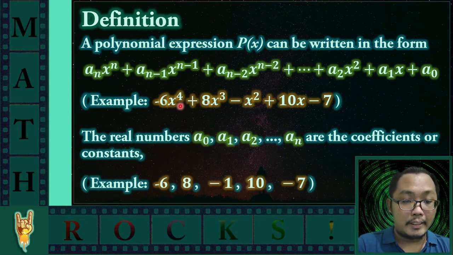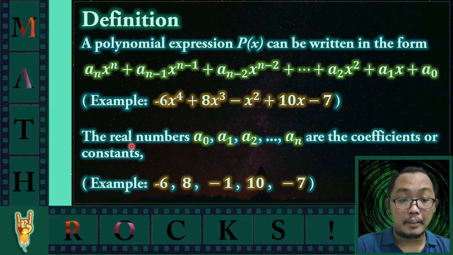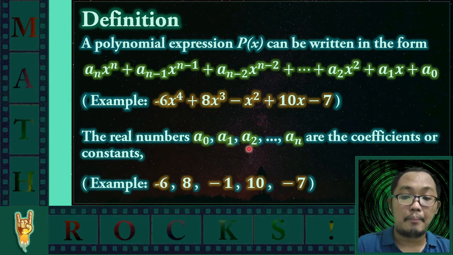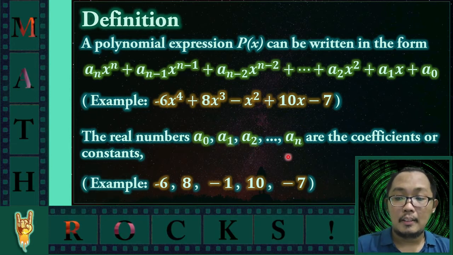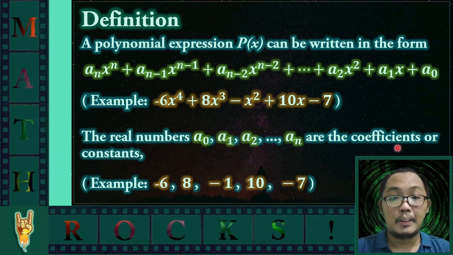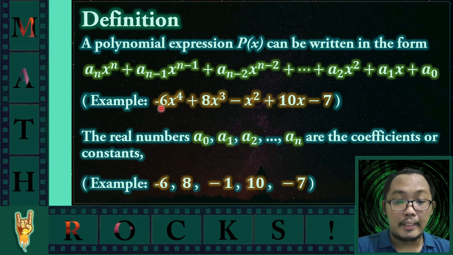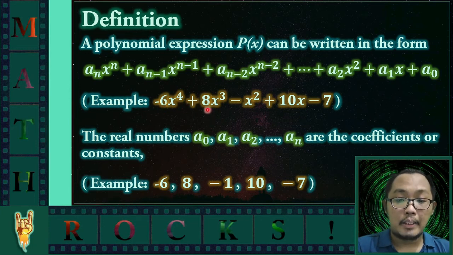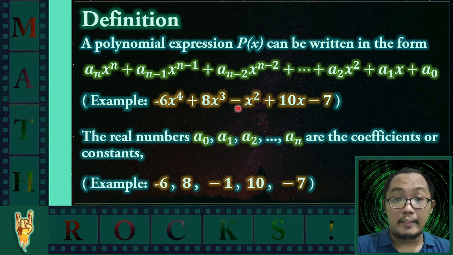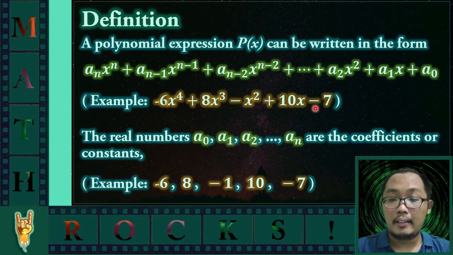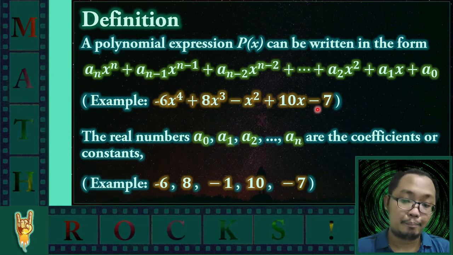For our next term, the real numbers a sub 0, a sub 1, a sub 2, or simply all the a's, are the coefficients or constants. Here we have our constants to be negative 6, positive 8, negative 1, followed by a positive 10 and a negative 7.